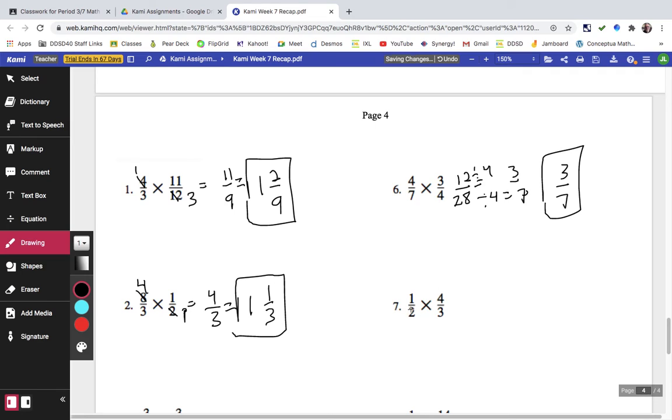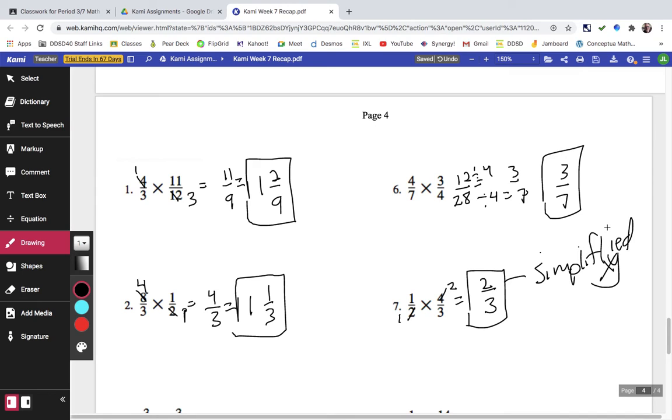And one more time with the shortcut. 2 goes into 2 once, 2 goes into 4 twice. So this is going to equal 2/3. The advantage of the shortcut is that at the end you know that you have the simplified answer. You don't have to think about whether to simplify it. We don't have to simplify.